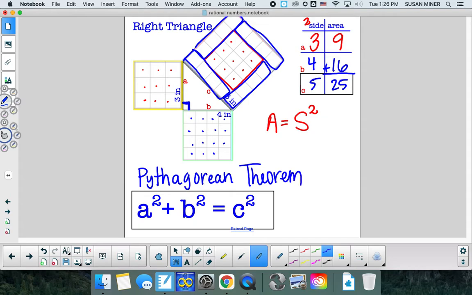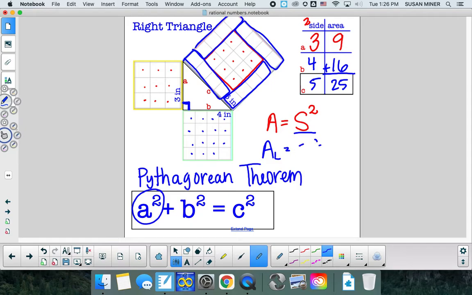So the Pythagorean theorem says that the area of A, so let's just take A. Remember, the area is equal to side length squared. So the area of the little square would be A squared, right? The side length A squared.